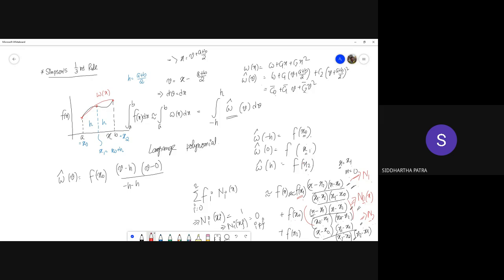Okay, so to give you a visualization, if I were to plot these shape functions, so this is x0, this is x2, and this is x1. If I were to plot the three shape functions, so this is unity in the y direction. So this is the n0.